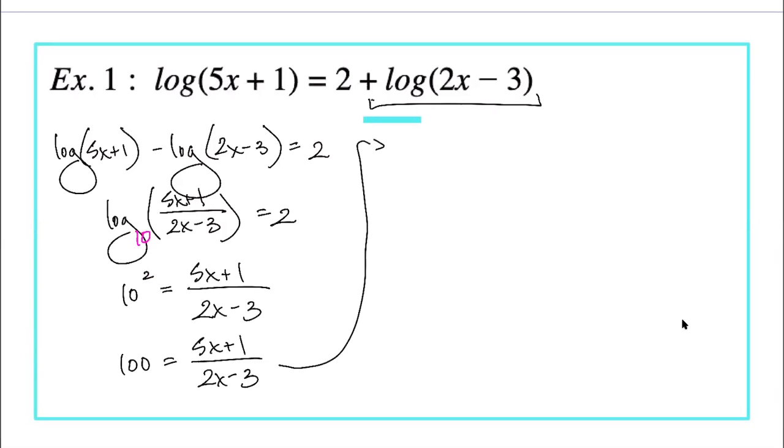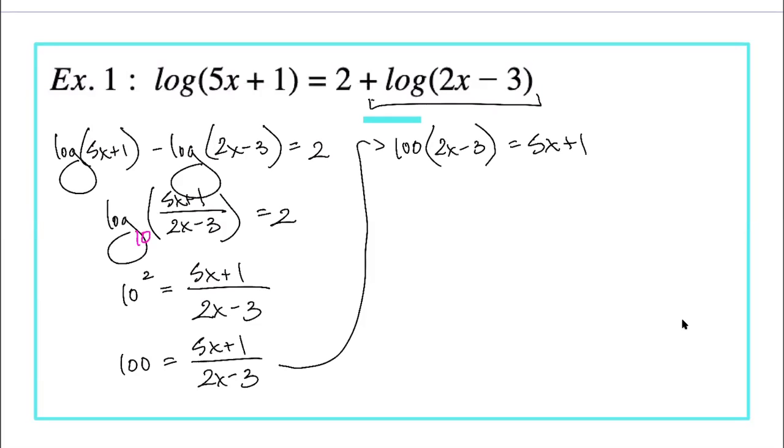Thoughts on how to isolate my x here? Multiply it by its reciprocal, make it not a fraction anymore. Okay, so let's multiply both sides then by that denominator, 2x minus 3. So 100 times (2x minus 3) equals 5x plus 1.